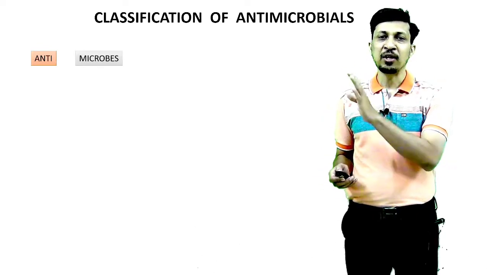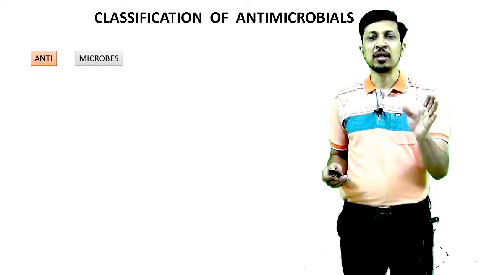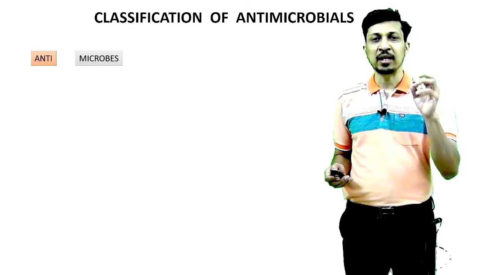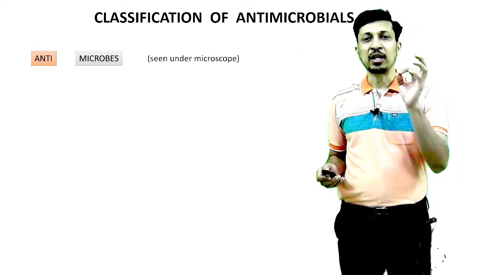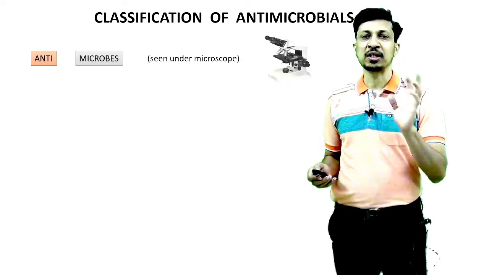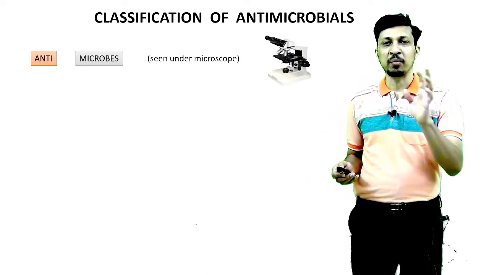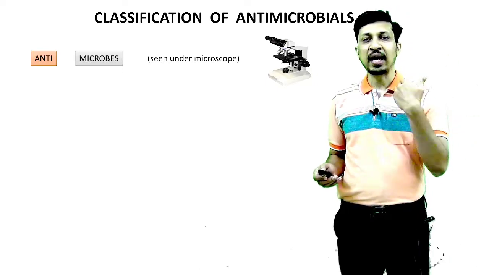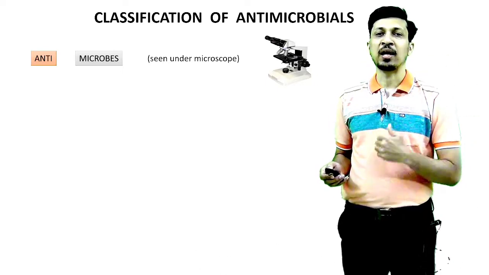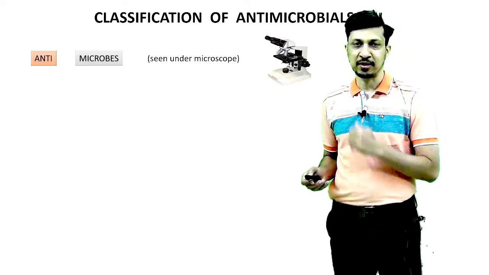So what is the meaning of micro? Micro means such organisms that we cannot see by our naked eye, and for that we require a microscope. Such organisms are called microbes. And anti means against. So the drugs that act against the microbes are called antimicrobial drugs.